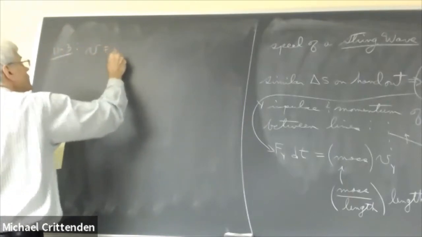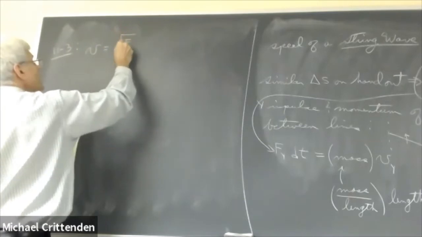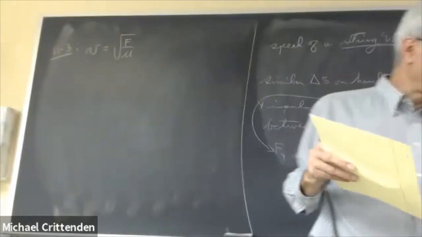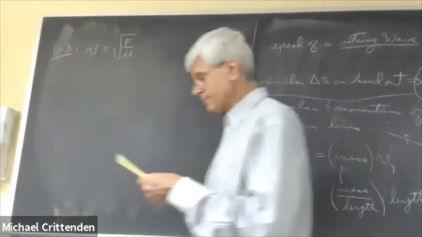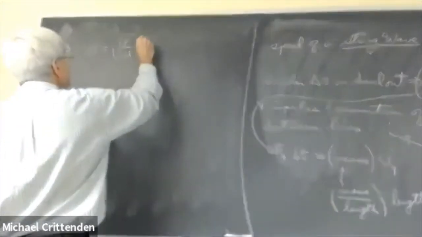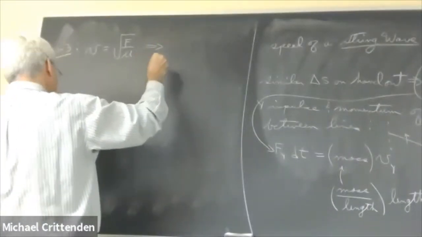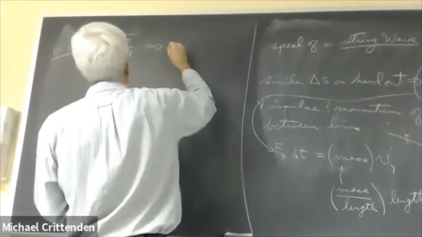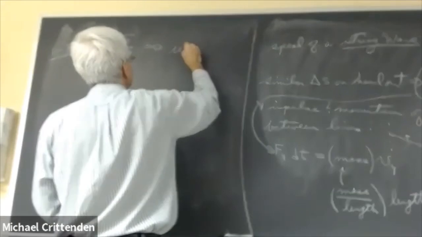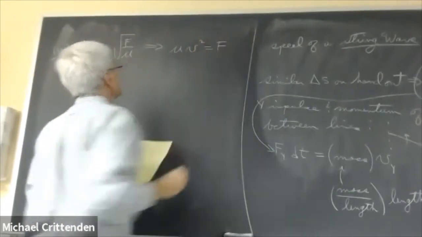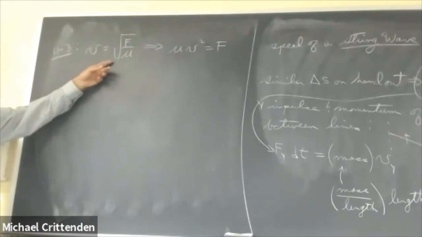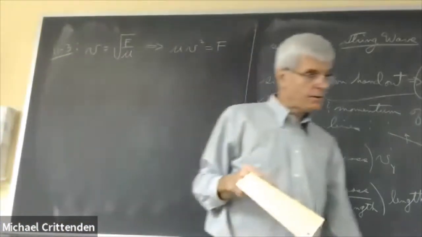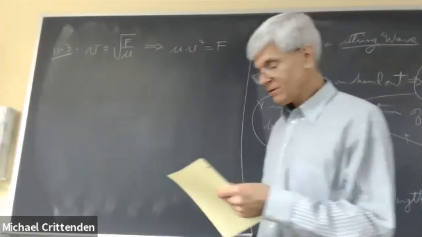V equals the square root of F over mu. Some textbooks use T for tension instead of F for force, but we're going with F. That implies, mathematical symbol for implies, square both sides, then multiply both sides by mu to solve it for F. Just drop in the numbers.